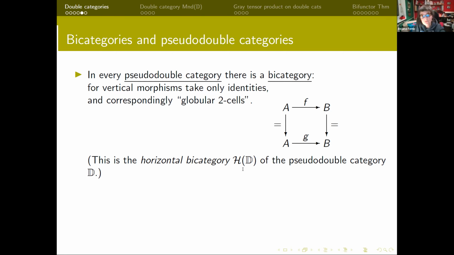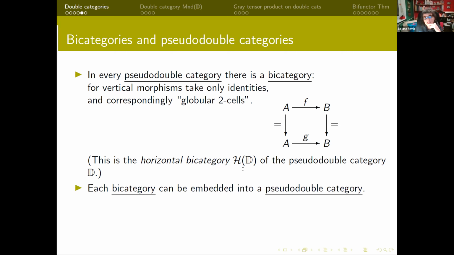Well, so far you could see that I do it as Christina and opposed to what Bob did and how Matthew did yesterday: my horizontal direction is up to isos and vertical is strict in the sense of associativity. And the other way around, every bicategory can be embedded into a pseudo-double category by taking identities as the verticals.